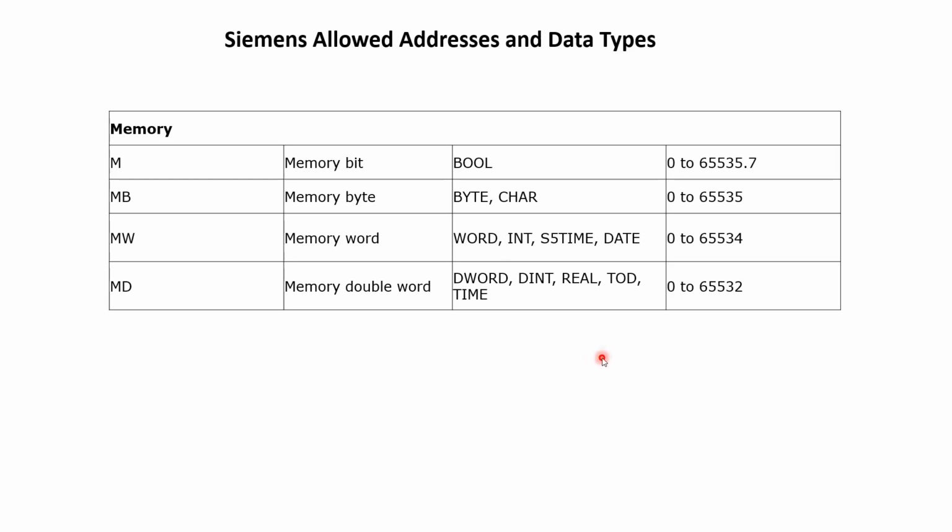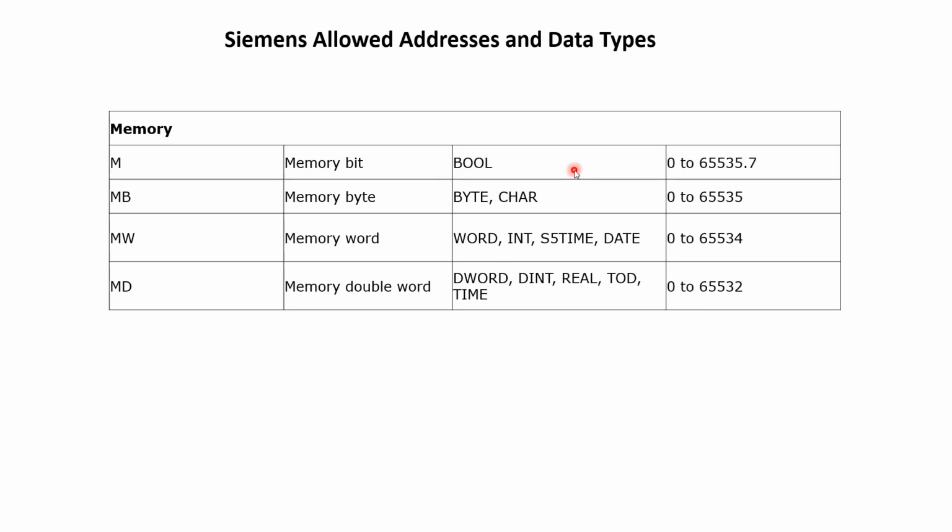The beauty of Siemens is that it gives us an option to utilize a memory bit. Let's take the first one. The memory bit is a bool data type, which tells us true or false. You can use it as a coil or as an input, it doesn't matter.